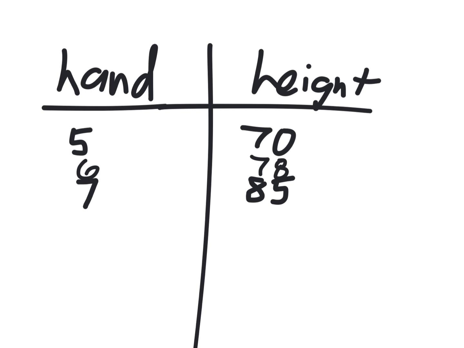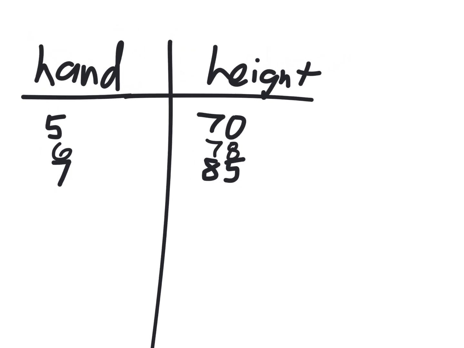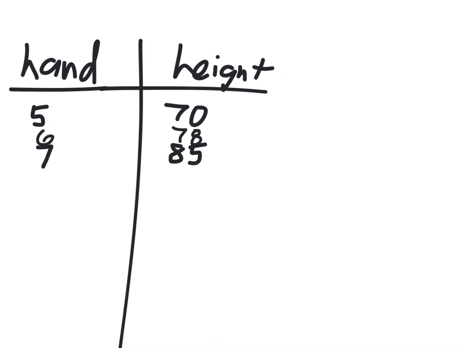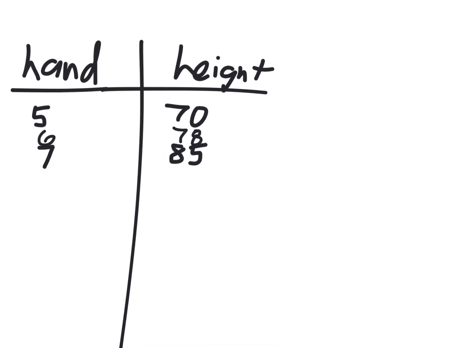So there's a real world example of how big my hand is, how tall I am, and other people's hands and heights. And my question is, can you put that in your calculator, find the linear regression for it, and tell me, was there a strong correlation between hand size and height?